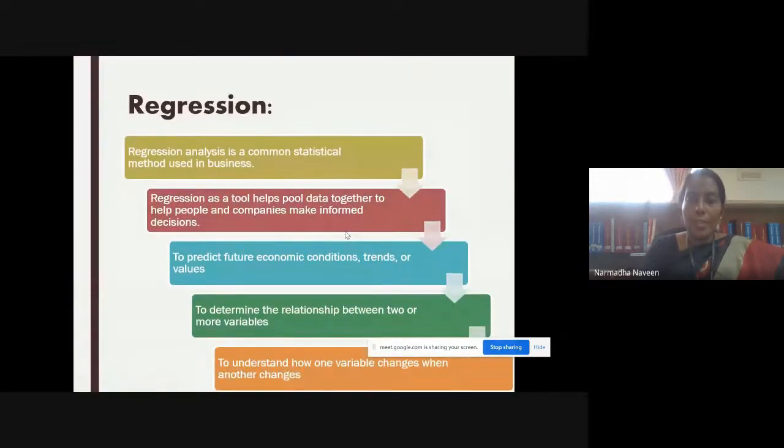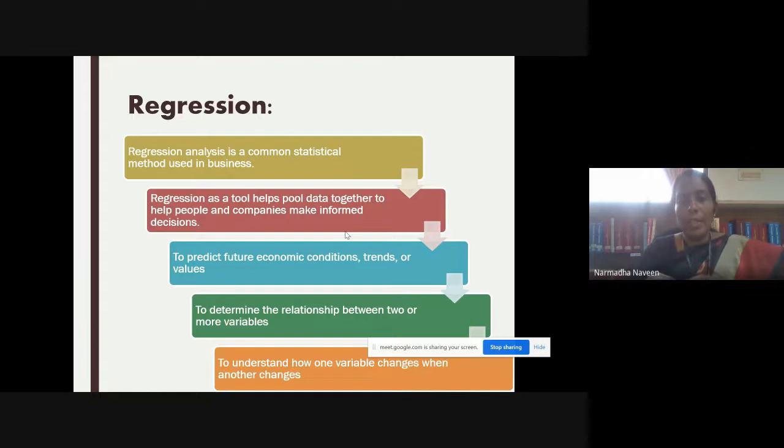So regression is a common statistical method that is used in businesses. Say for any business, if they want to increase the profit, they should know what are all the various parameters they need to focus on.